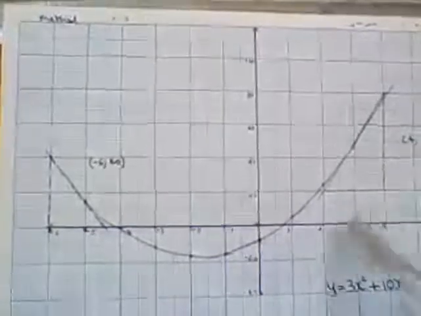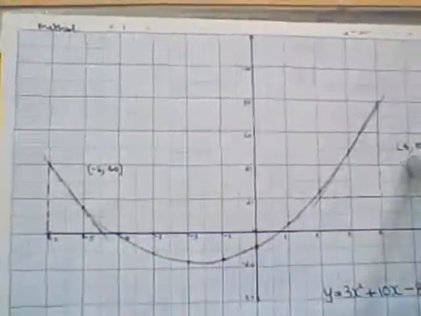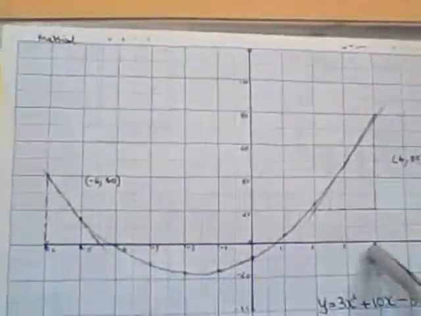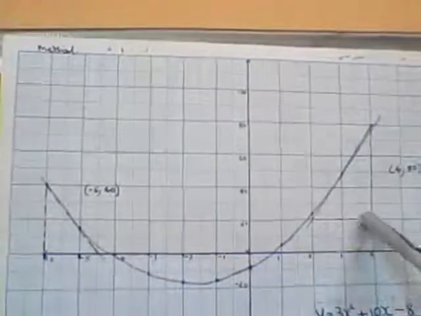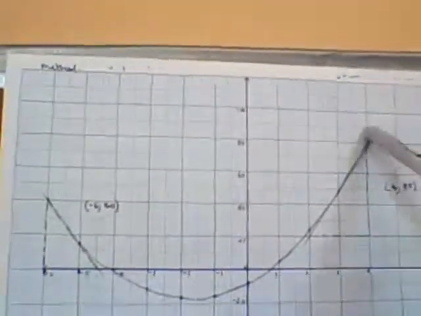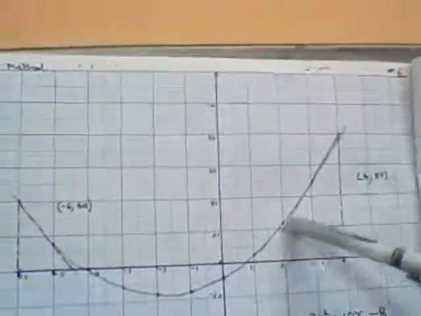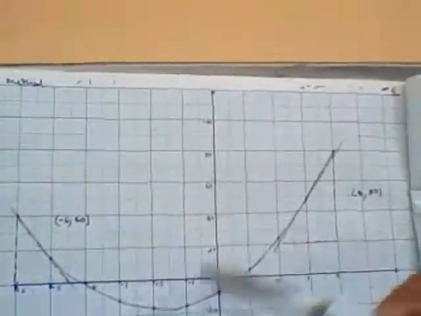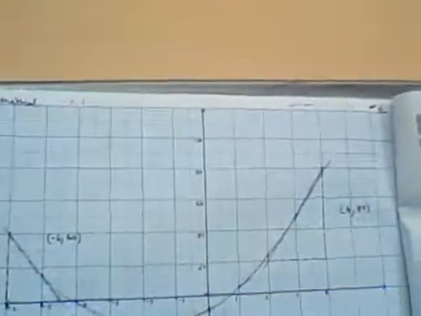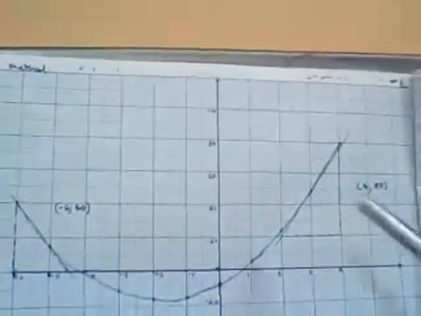When x is 4, y is 80, and that is your tangent intersecting your graph. Again, that's your tangent at intersection. That's what you would refer to as your gradient.